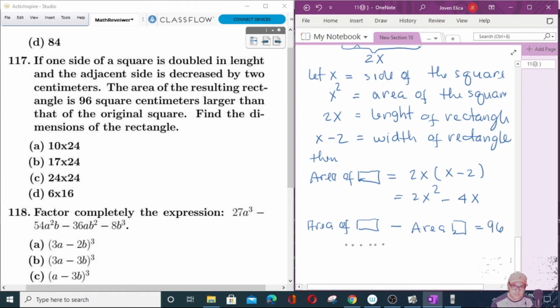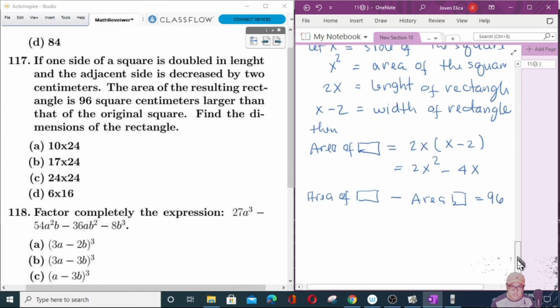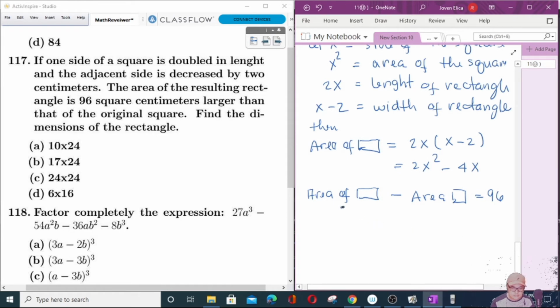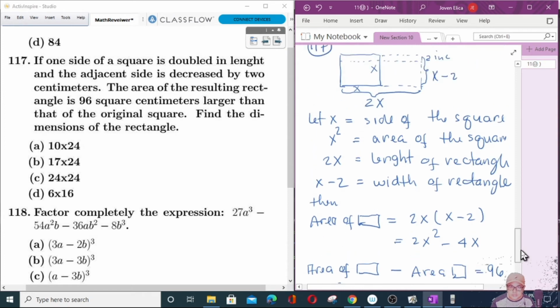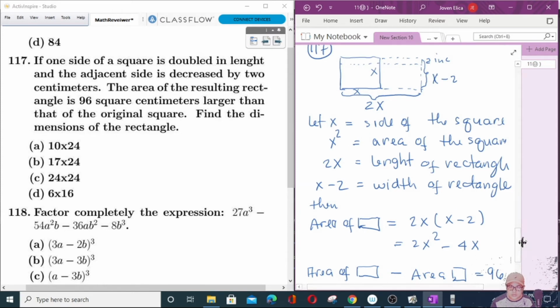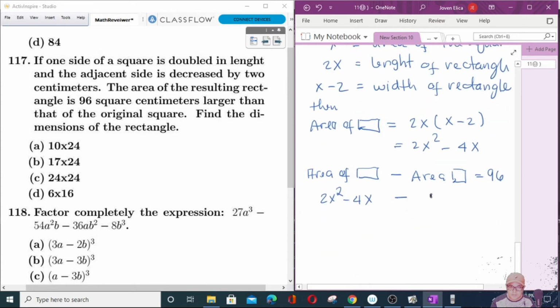So meaning larger than the original square, so just get the difference. From here, substitute the area of the rectangle, which is 2x squared minus 4x, minus the area of the square, which is x squared, is equal to 96.